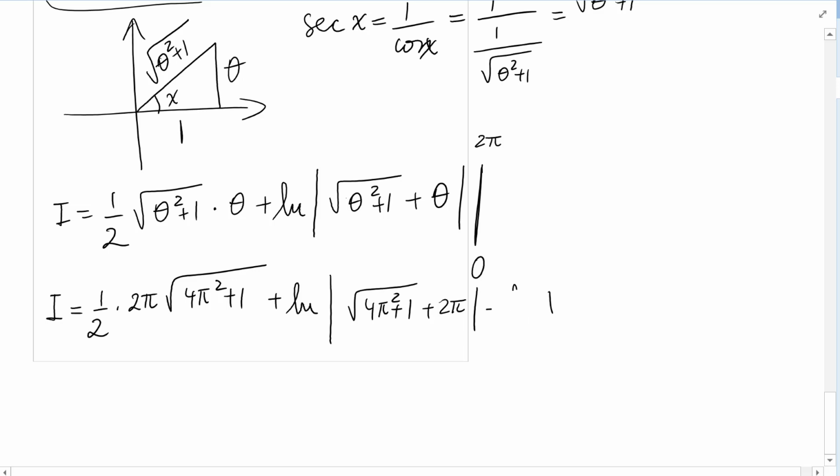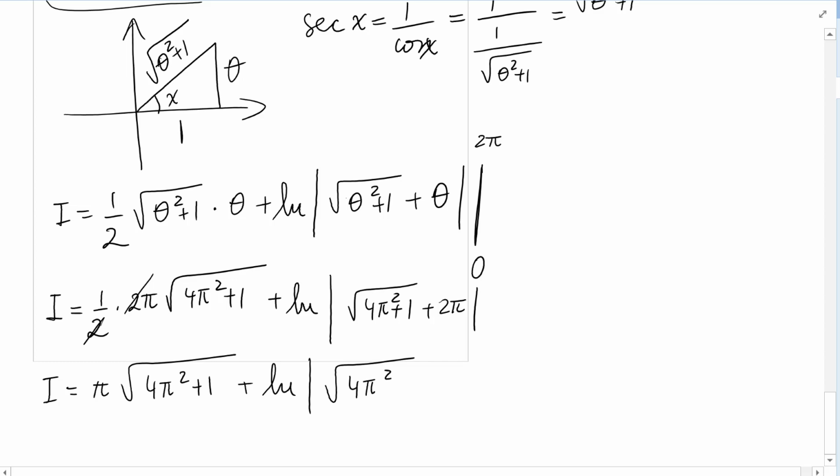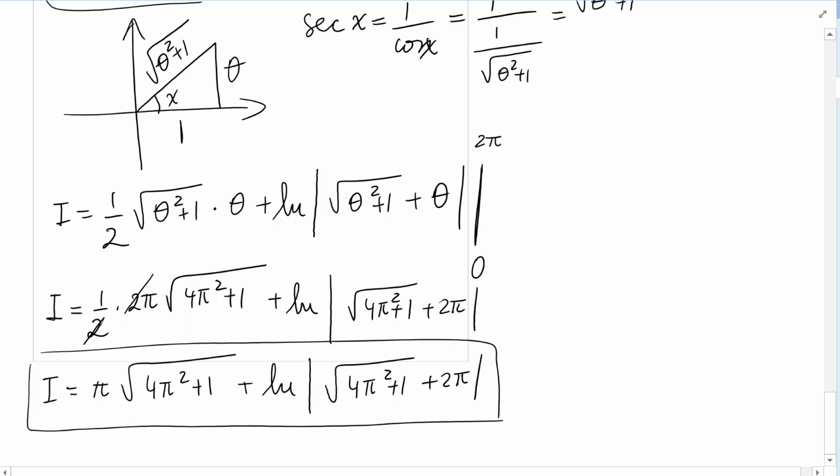Well, these two also cancel. So I equals pi square root of 4 pi squared plus 1 plus ln of the square root of 4 pi squared plus 1 plus 2 pi. So this would be the answer for our integral, so for our arc length.